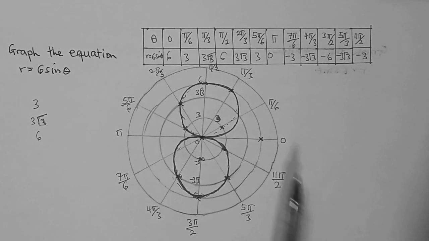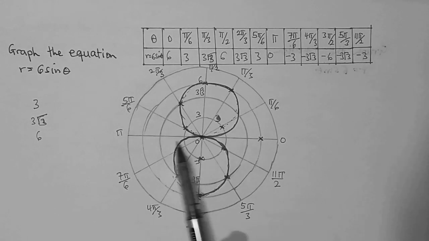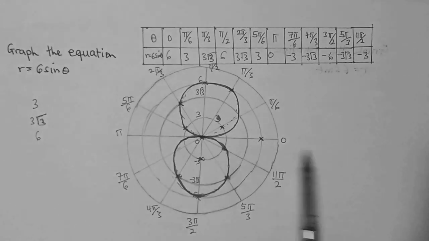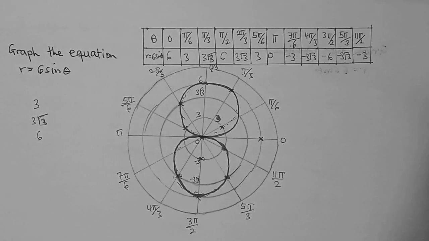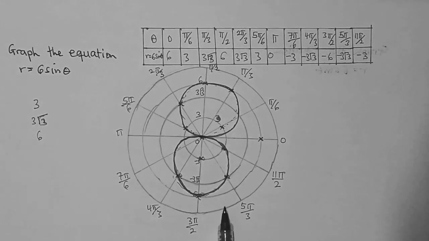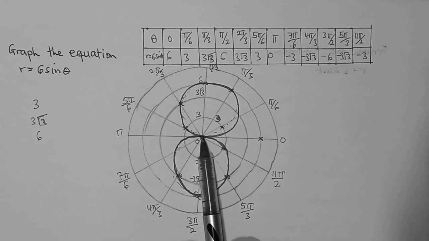Now, when you look at this graph, you see that there is a symmetry about the polar axis. And you can also see that there is symmetry about the line pi over 2. And there's also symmetry about the pole.